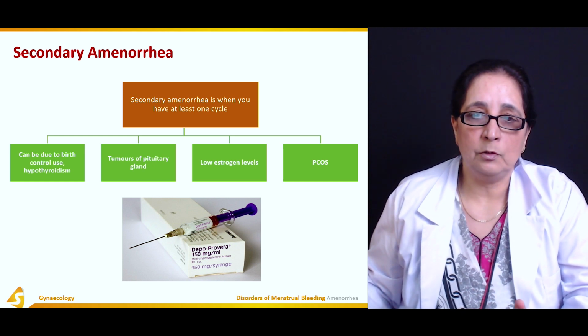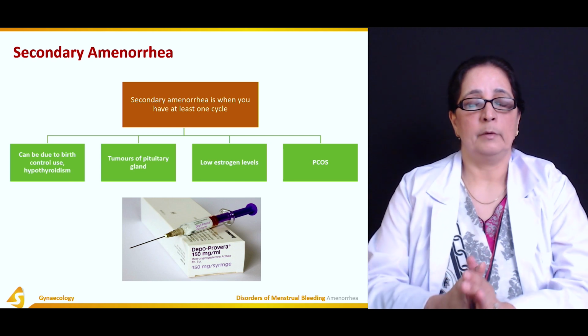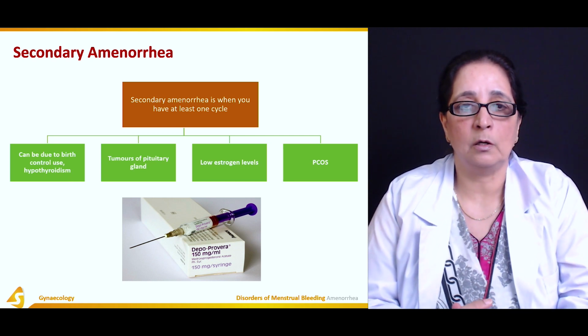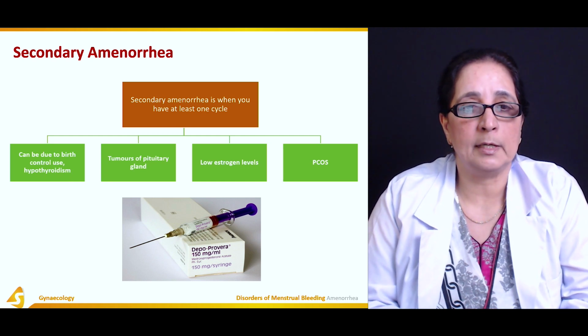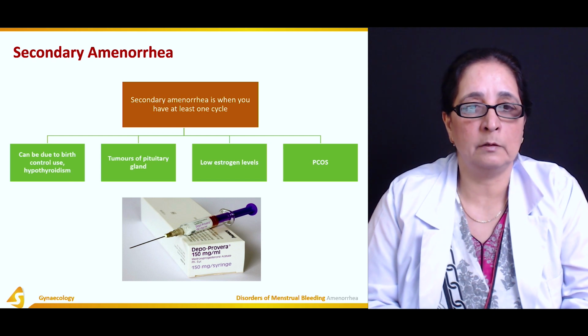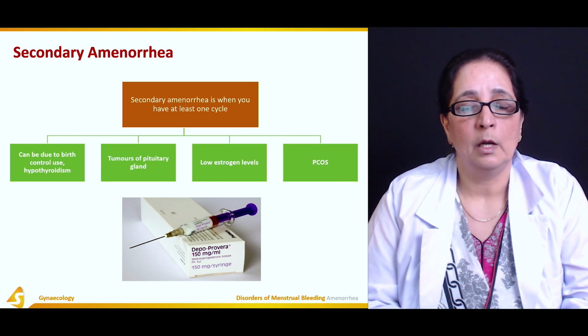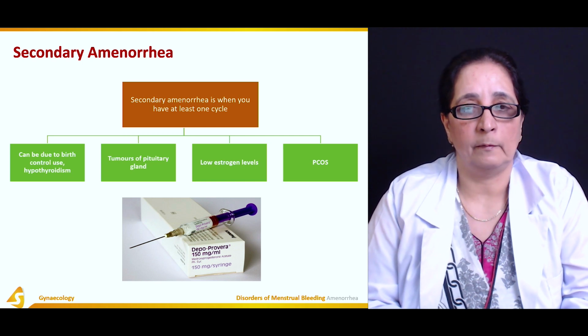So it can be due to Depo, it can be due to hypothyroidism, because a low level of thyroid also causes amenorrhea and irregular menstrual cycles. It is hard to conceive in patients with hypothyroidism, but once thyroxine is started, it's easy to conceive, and the problem is usually resolved.